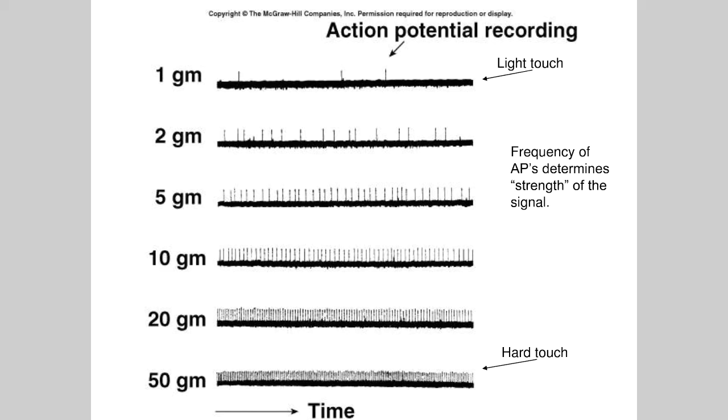The thing to remember, from other lessons, is that APs are always the same strength, but they can influence the strength of the graded potential by increasing the frequency, or how often they fire. That changes the temporal summation. So make sure you understand the difference between temporal summation and spatial summation.